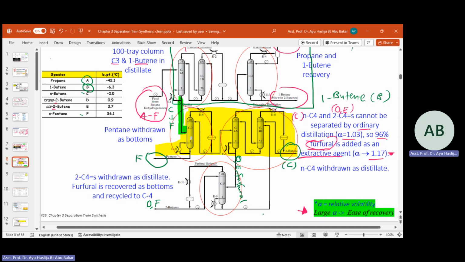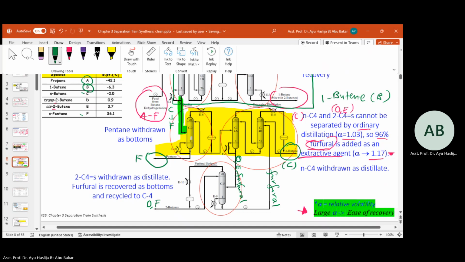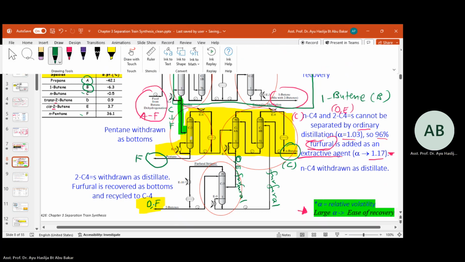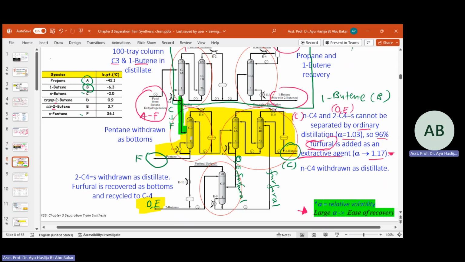Then the one that is being recycled back is the furfural. Now you have recovered your main target, D and E, the butenes.